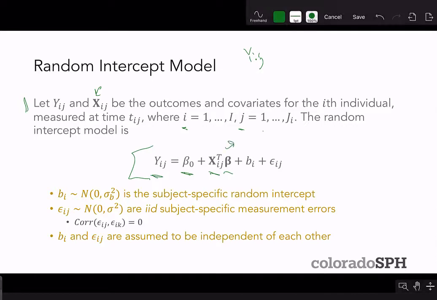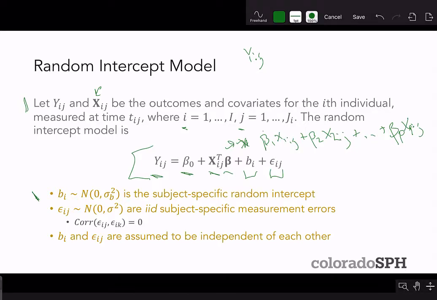So that would be beta 1 x1ij plus beta 2 x2ij, all the way up to beta p for xpij, if you were to expand that out. Then this little bi is the random intercept term, and the epsilon ij is the measurement error.